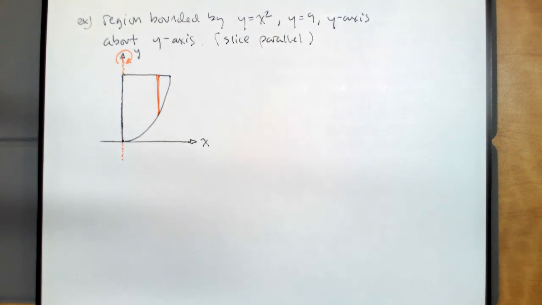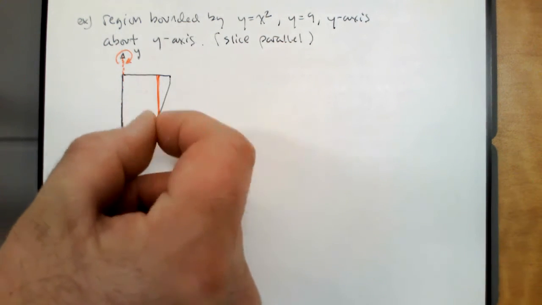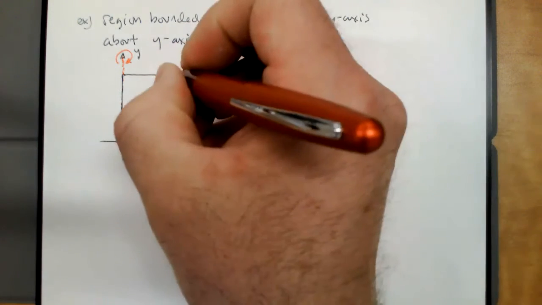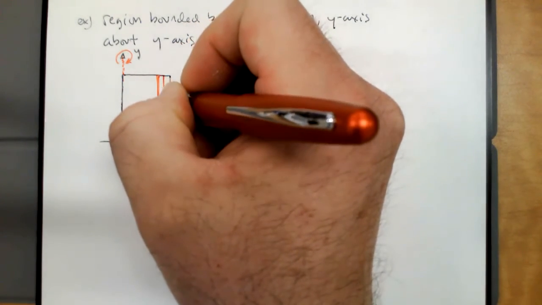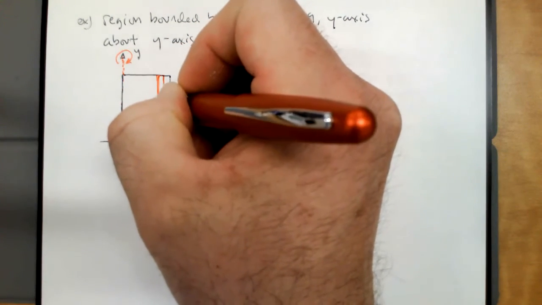Once I've drawn this slice, and I know that I'm slicing parallel, so shells. And that means that my delta variable is going to be delta x, because I'm going to want to make the walls as thin as possible. So this is what's getting rotated.